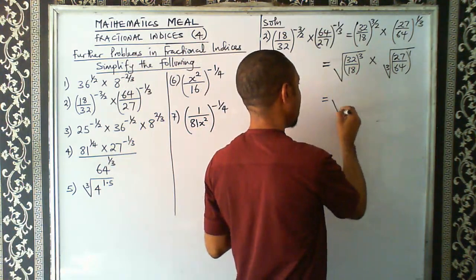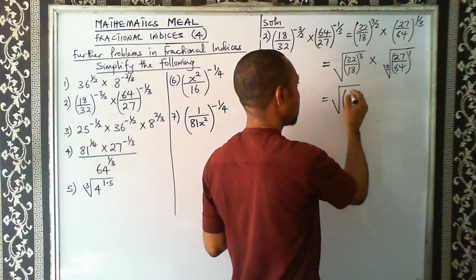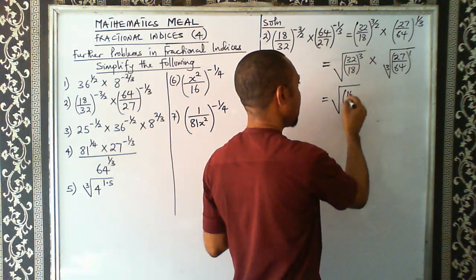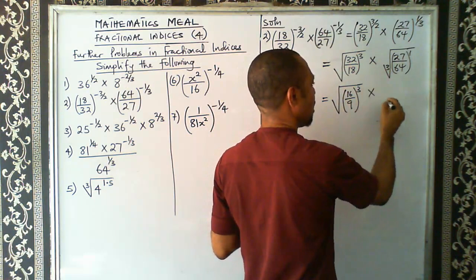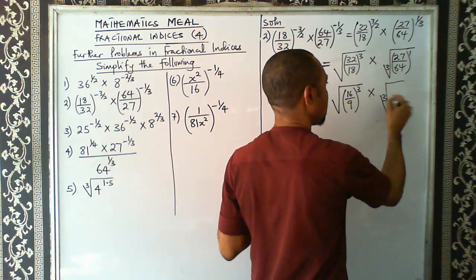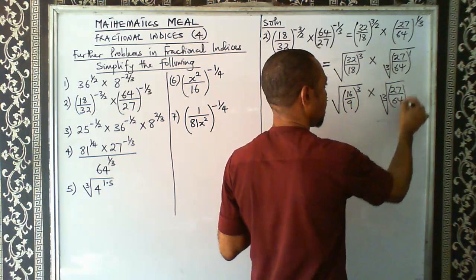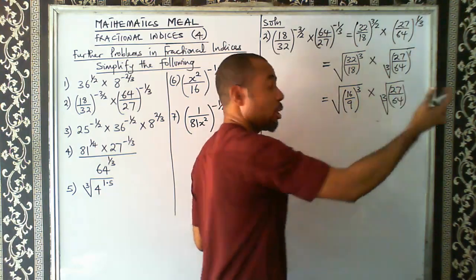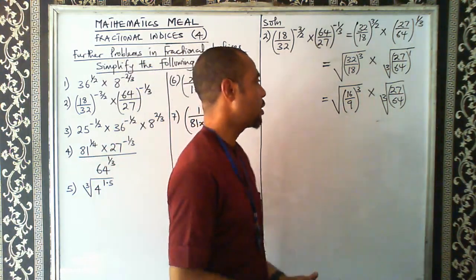We are going to have the square root of 2 divided into 32 gives us 16, and 2 divided into 18 gives us 9. So this becomes this times the cube root of 27 over 64. That's what we have, because if you raise it to power 1, it is still 27 over 64.